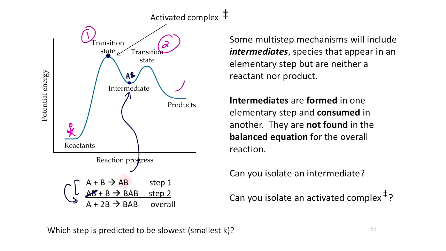Okay, so let's answer these questions. Can you isolate an intermediate? Yeah. Can you isolate an activated complex? No. And so the important thing here, don't just memorize the difference between intermediate and activated complex. Look at it, think about where those substances exist on our energy diagram.